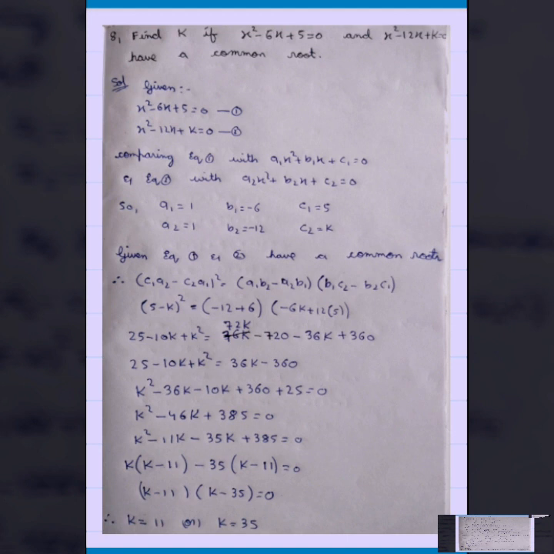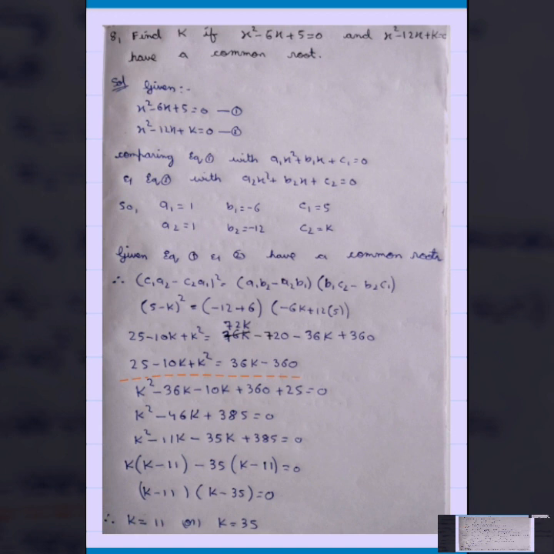If you substitute the values, we get (5 minus k) whole square equal to (minus 12 plus 6) into (minus 6k plus 12 into 5), that is 25 minus 10k plus k square equal to 72k minus 720 minus 36k plus 360.